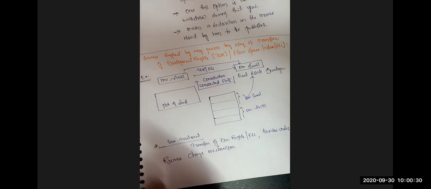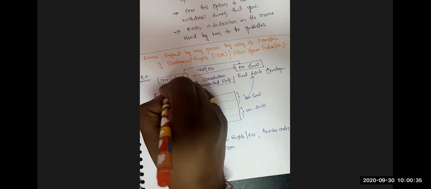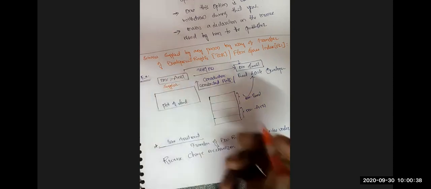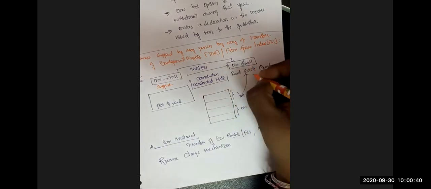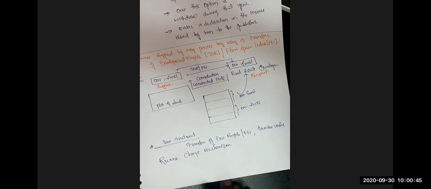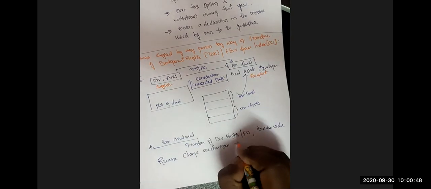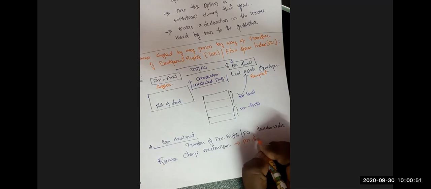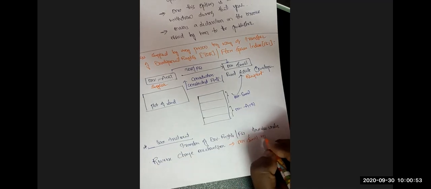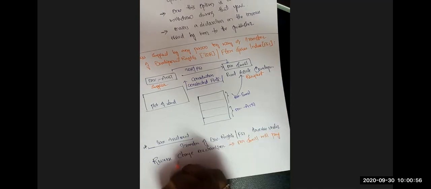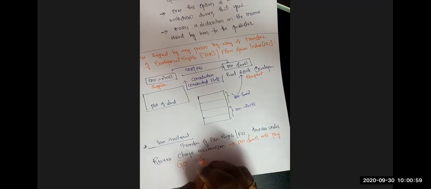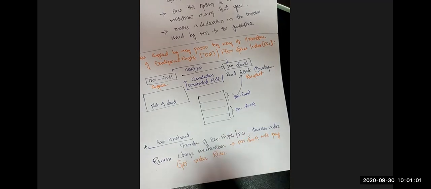In our example, who is the supplier? The supplier is Mr. Anil. He is transferring the development rights. And the recipient is Mr. Sunil. Now, in this example, Mr. Sunil will pay the GST under the reverse charge mechanism in this particular transaction.